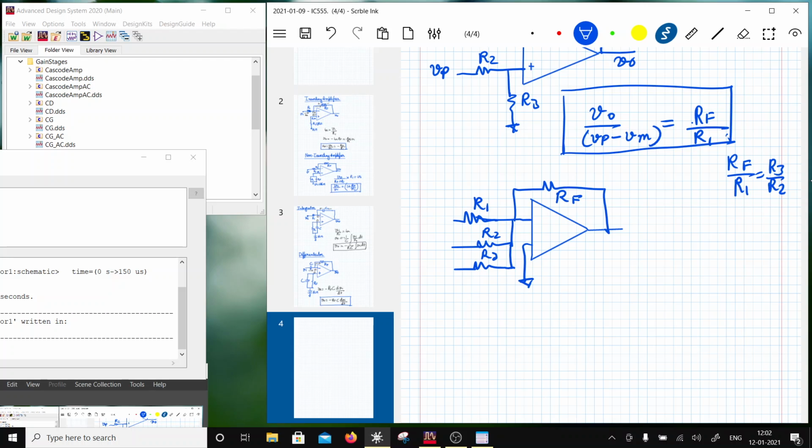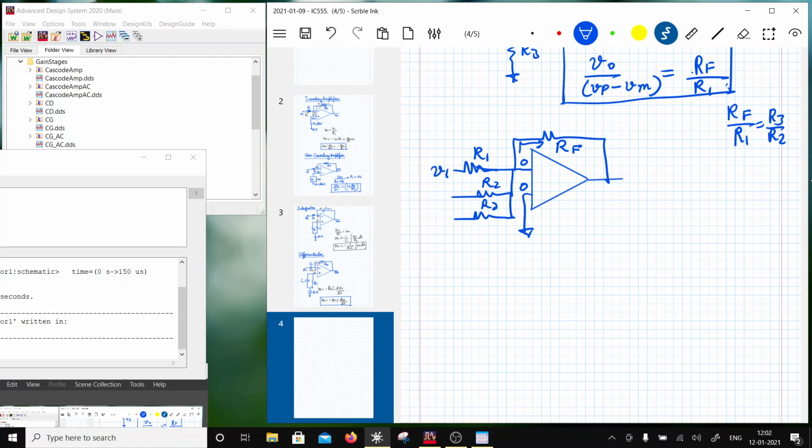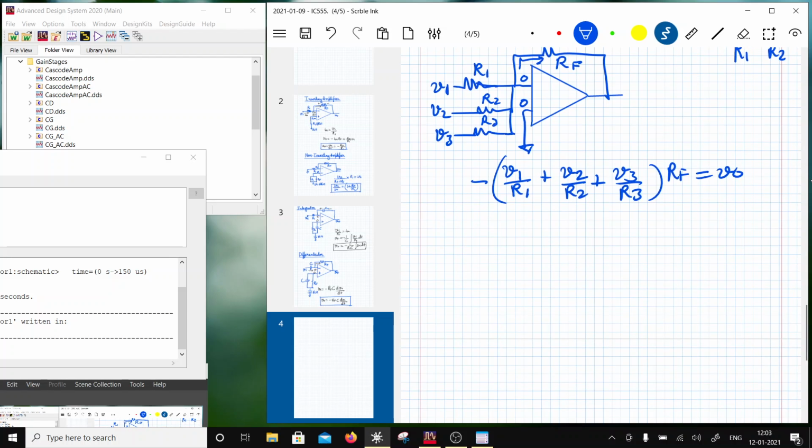Now we know that this is 0, so all these currents are going to sum up and go this way, and that is why the output would be, so this is V1, V2, V3, then the individual currents would be V1 by R1 plus V2 by R2 plus V3 by R3 and so on, and then this is multiplied by RF, for example, so that will give you minus of VO. So that means that VO is equal to minus RF times the sum, where each one is scaled by its own resistance.